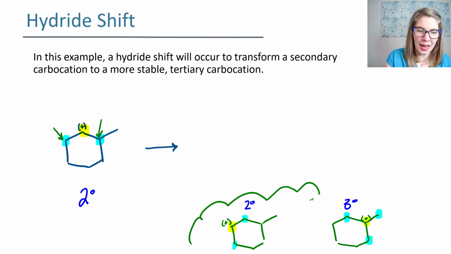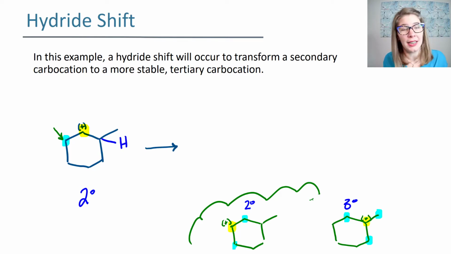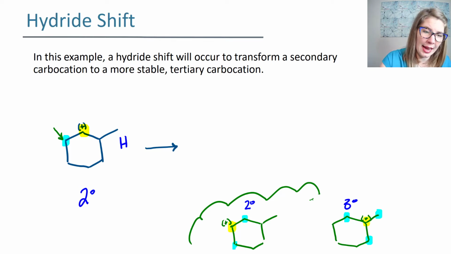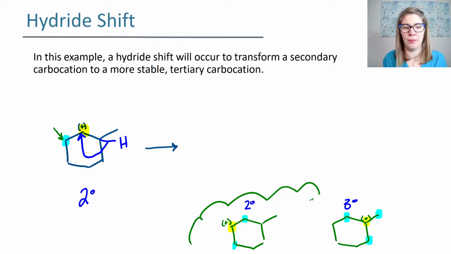What will happen with hydride shifts is we will draw in the hydrogen, because a lot of times we're in skeletal notation and the hydrogens aren't drawn in because they're assumed. And we're going to draw in that shift that happens between the hydrogen and the pair of electrons over one carbon, right?